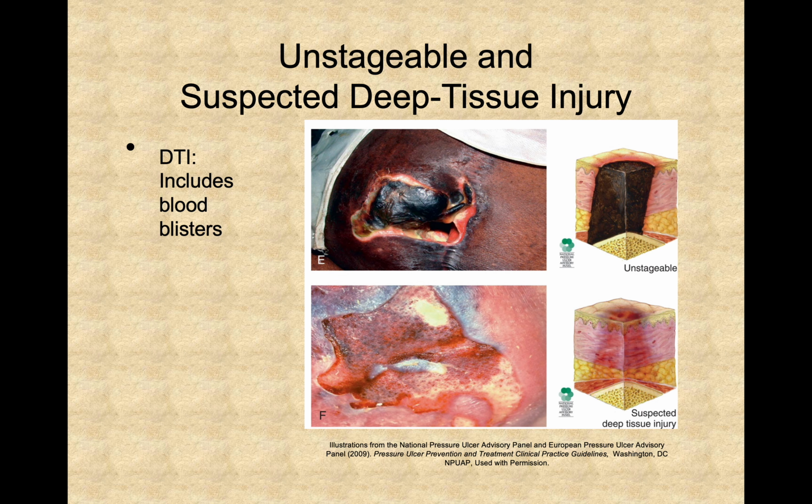Oftentimes it's a different color than the surrounding tissue, often maroonish or darker. And when you palpate it gently, it may even feel what's called boggy or mushy, kind of like if you drop an apple on the floor and the part that's good to eat is mushy, but the skin is still intact and sort of discolored. That's what I think of when I think of a deep tissue injury.